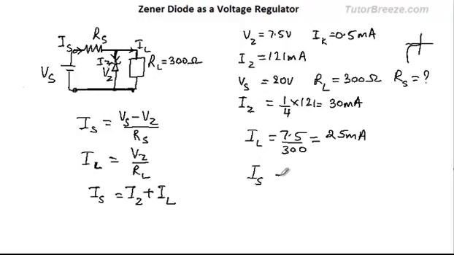So Is is 30 plus 25, which is 55 milliampere. Now we can find Rs, which is Vs minus Vz over Is, and if you calculate, this will be 20 minus 7.5 over 55, and this comes out to be close to 220 ohms.